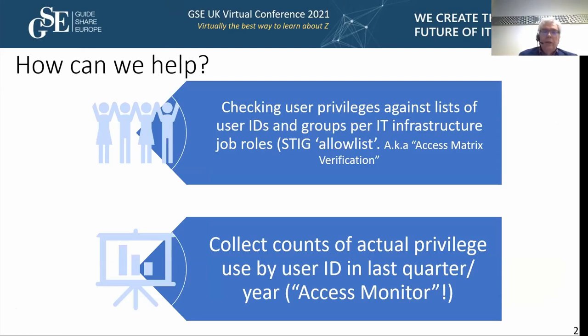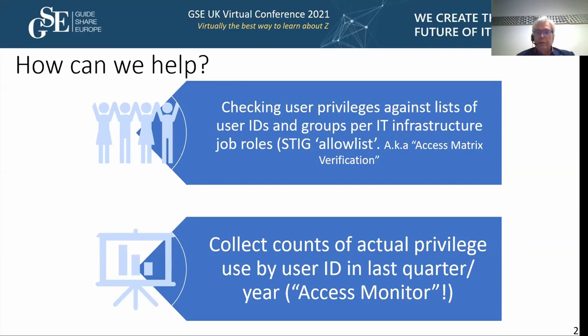There's actually two big areas where we try to address this automation requirement. The first one is that we check user privilege against a list of user IDs and groups per job role in the IT infrastructure. So that's one of the areas where the customer has filled in a number of blanks, and they distinguish more than 20 different job roles. And we call that the allow list members.